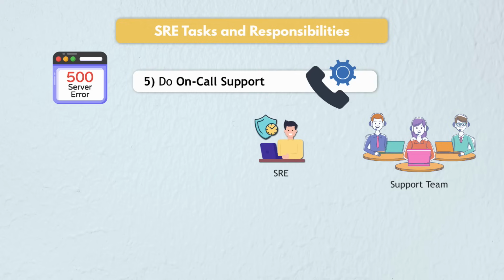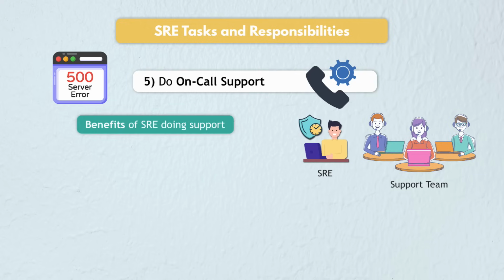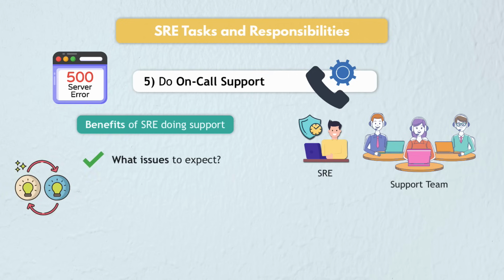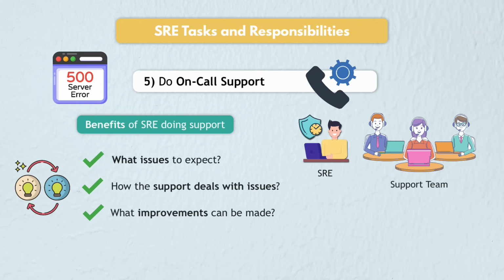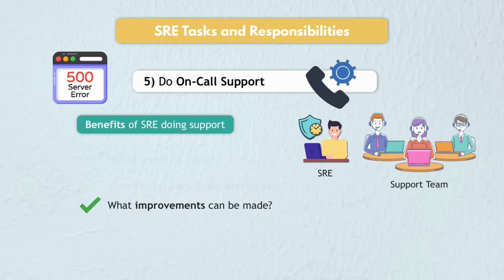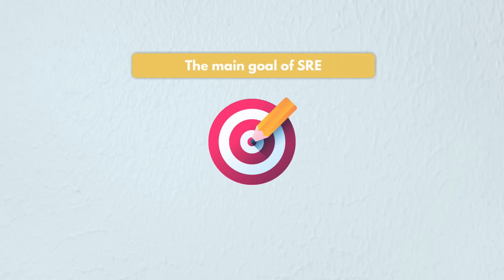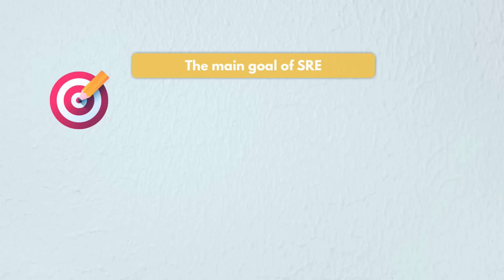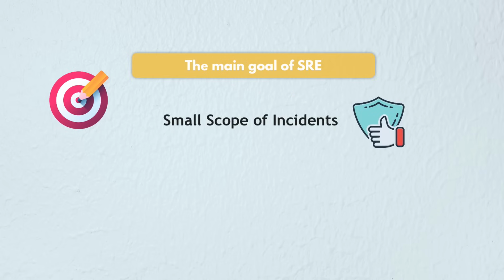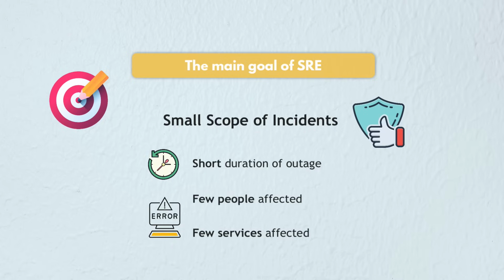And putting SREs on this support team helps them really see and understand what issues to expect, how the support deals with the issues, and what improvements can be made to make the support process more efficient, such as: do alert messages and logs have enough information to quickly identify the issue and the cause, were issues identified too late, etc. So overall, the main goal of SRE is to make sure the scope of outage is small when it happens, which means the outage doesn't last long and is fixed very quickly, and fewer people and services are affected by that outage.